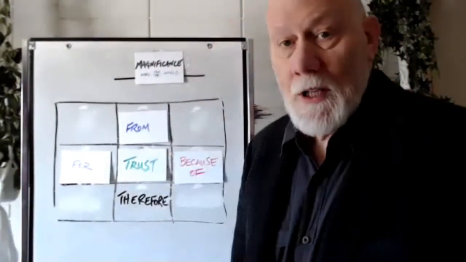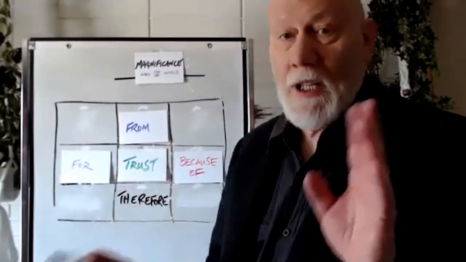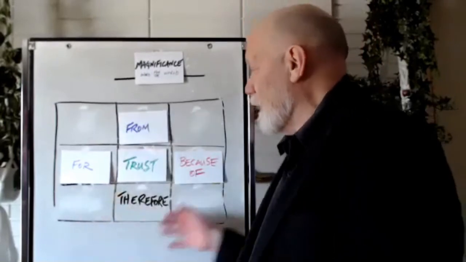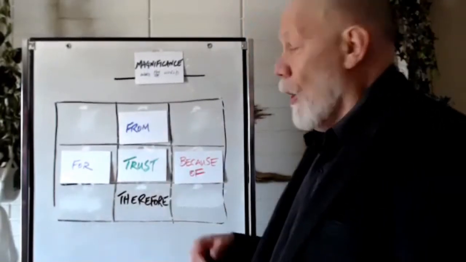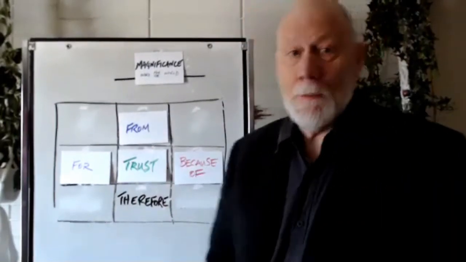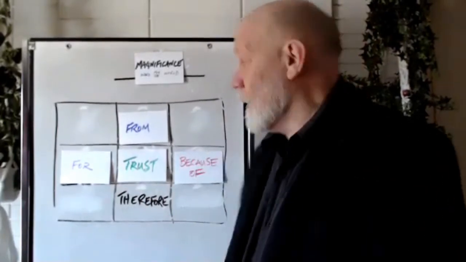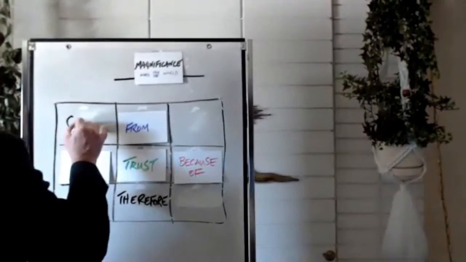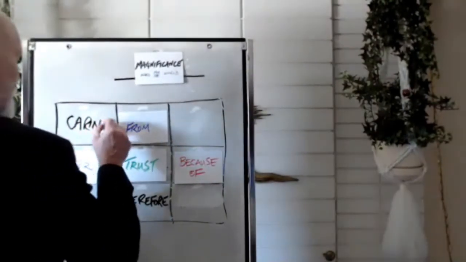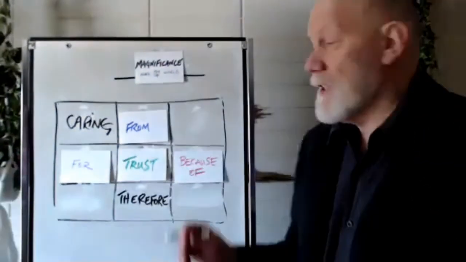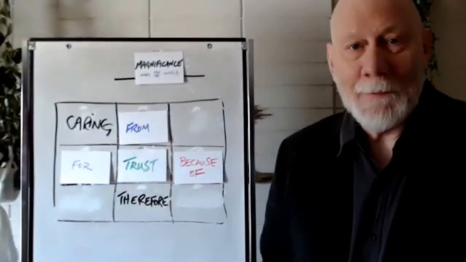And then all the other words that you have, all the other cards that you have, you can put them up in different kinds of combinations, or you might come up with a completely new word that you want to work with. And you might say, okay, let's work with caring.